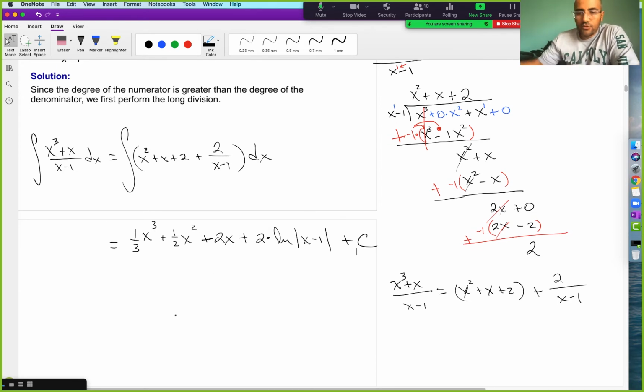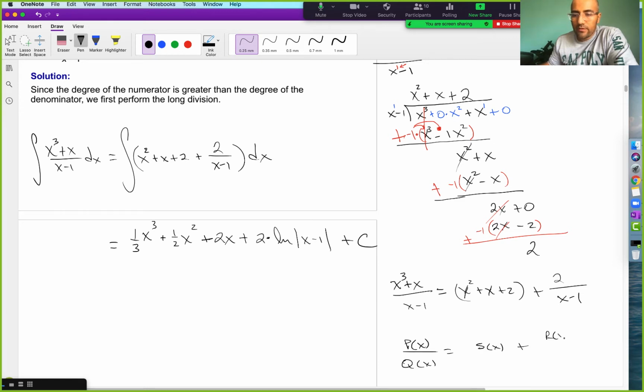Okay, and just to match it up with that statement from above, we were given that if we have p of x over q of x, that can be written this way, plus some remainder of x over q of x.